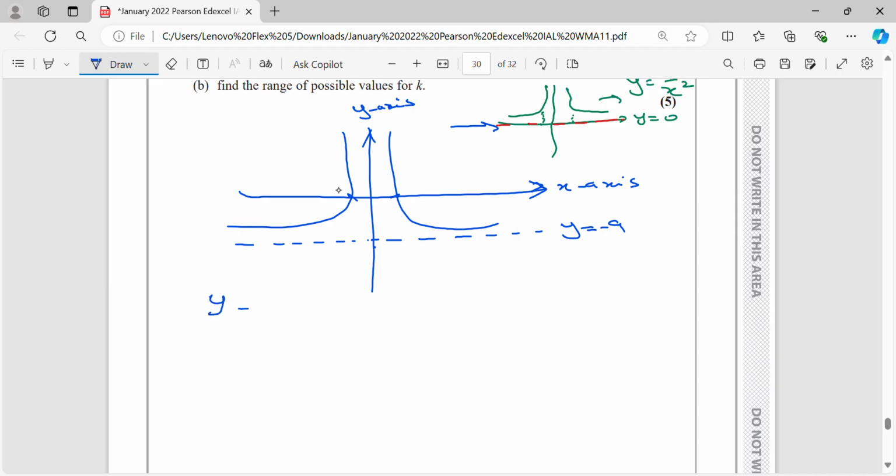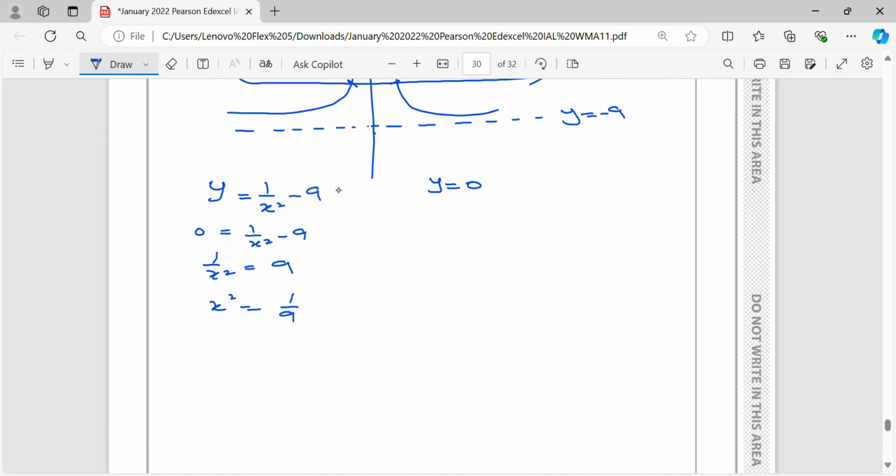The equation is y equals 1 over x squared minus 9. Because we're finding the x-intercept, we substitute y equals 0. So 1 over x squared equals 9. Flip it over to find x: x squared equals 1 over 9.